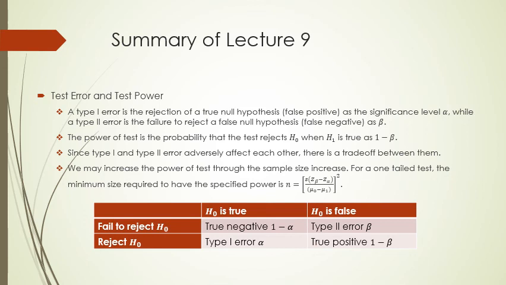Type 1 and type 2 errors adversely affect each other, and there is a trade-off between the two errors. We need to balance these two based on our interest. We may increase the power of the test several ways, such as increasing the significance level or the distance between mu0 and mu1, but most practically through the sample size increase. For a one-tailed test, the minimum size required to have the specified power may be calculated by this formula.